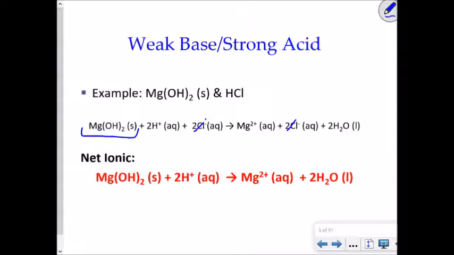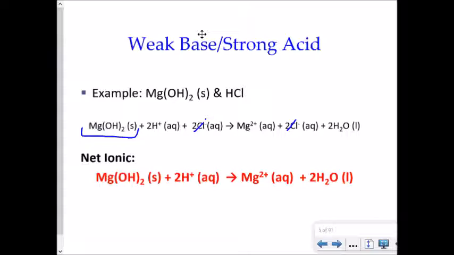So this particular case is showing you another weak base strong acid where the weak base happens to be a solid hydroxide, metal hydroxide, that is insoluble. Because most of your hydroxides, besides the strong ones, are going to be insoluble on the solubility rules. And they're going to have very small KSPs.